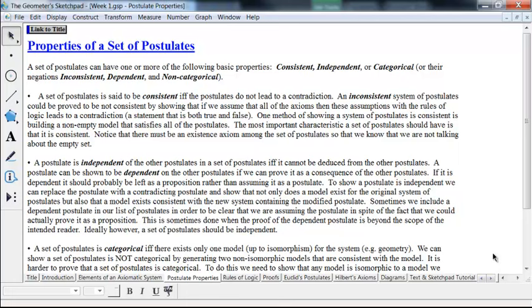The problem is it turns out that that postulate is actually independent of the others, and it took many hundreds of years for people to realize this. And eventually, we finally figured out that it's independent because we came up with another geometry, hyperbolic geometry, that was consistent with the other postulates but independent of this one.